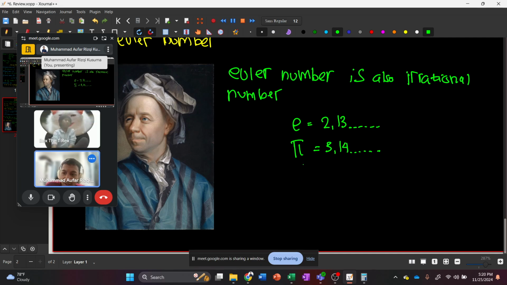How did they get all of these irrational numbers? That's a story for another time. It's not really that simple.